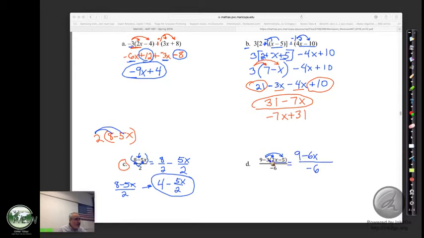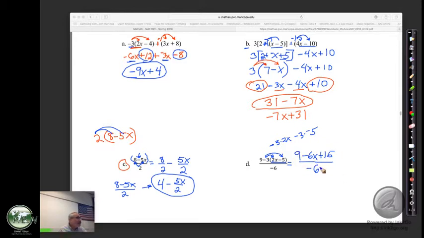So we have negative 3 times 2x. And then we take negative 3 times negative 5, a plus 15. Negative 3 times a negative 5, and that's how we got that.